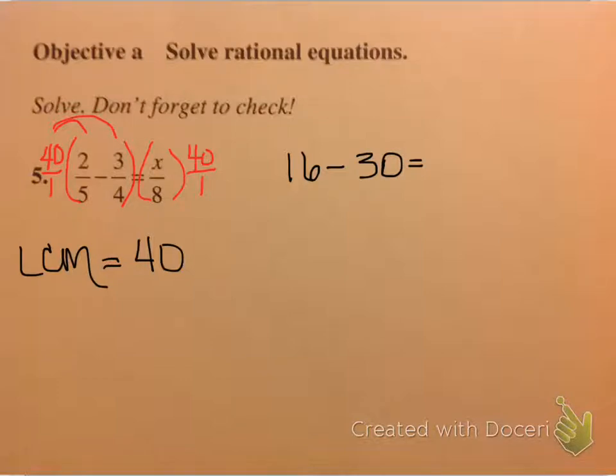And 40 over 1 times x over 8 would be 40x over 8, which would leave me 5x. So as you notice, no more fractions.